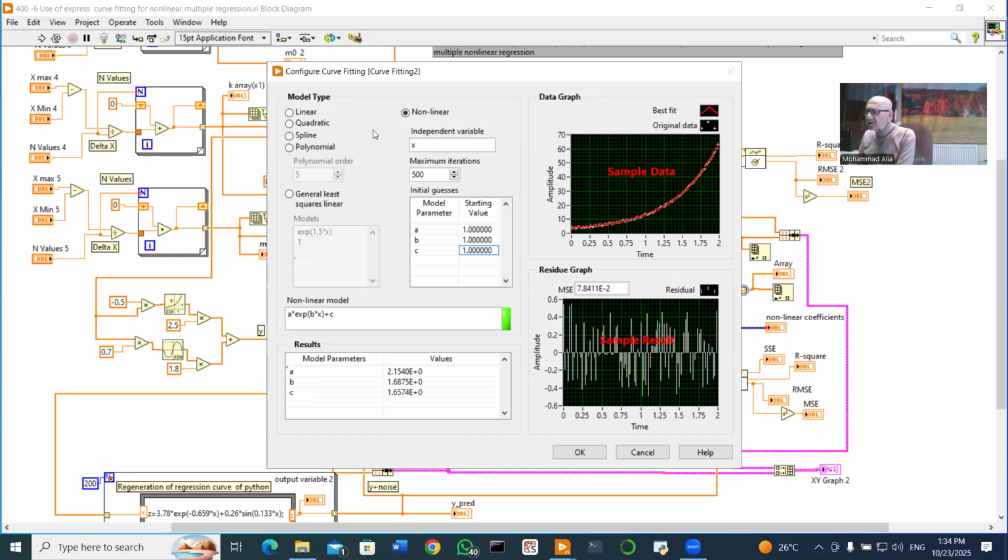So we shall work with this option, with this algorithm, through an example and show you how it works.